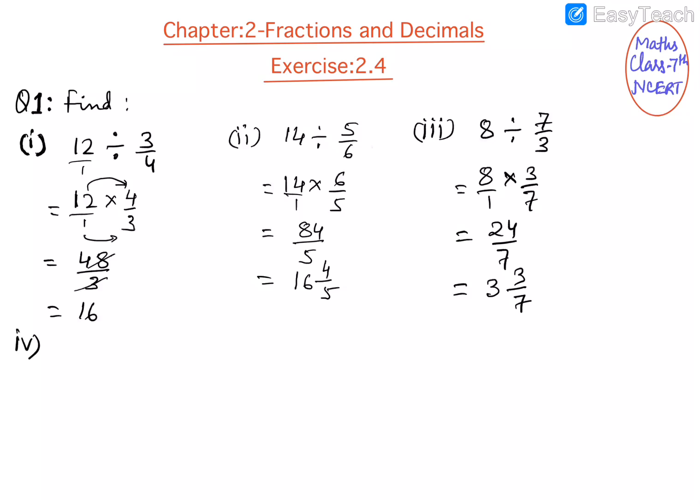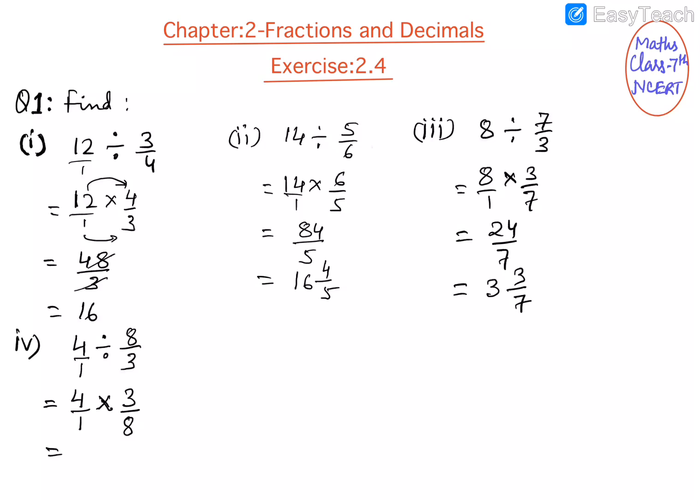Next, the fourth part, where we have to find 4 divided by 8 by 3. So this can be written as 4 by 1. Now the dividend will be as it is. Change the division sign into multiplication and write the reciprocal of the divisor, that is 3 by 8.